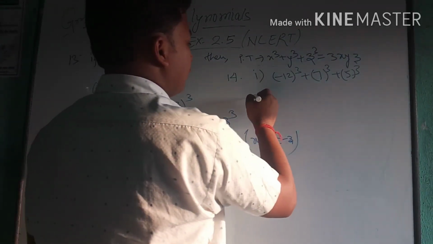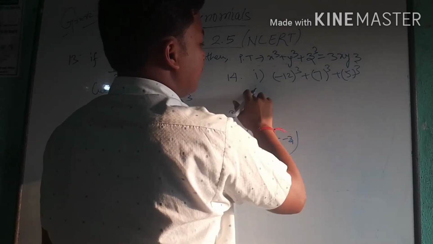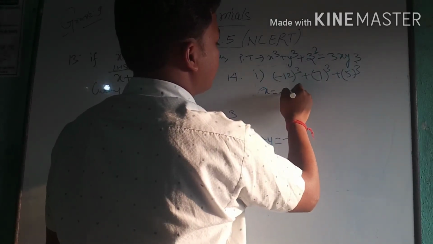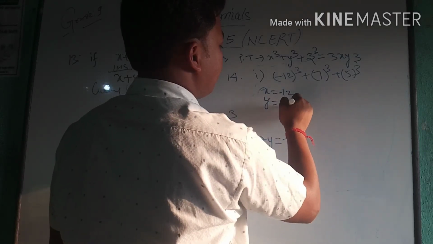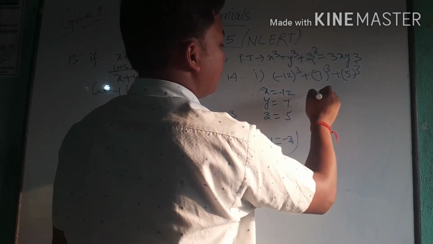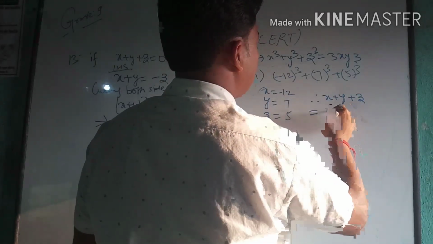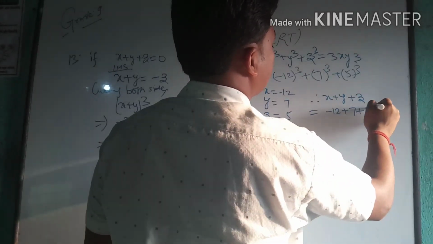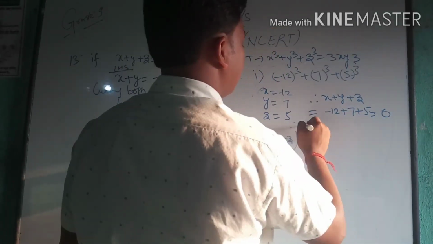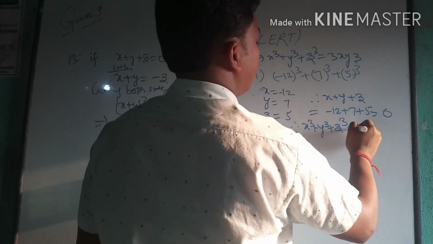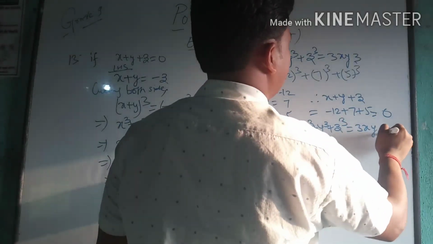So here x is equal to minus 12, y is equal to 7, and z is equal to 5. So x plus y plus z is equal to minus 12 plus 7 plus 5, which is equal to 0. So we can certainly write that x cube plus y cube plus z cube will be equal to 3xyz.